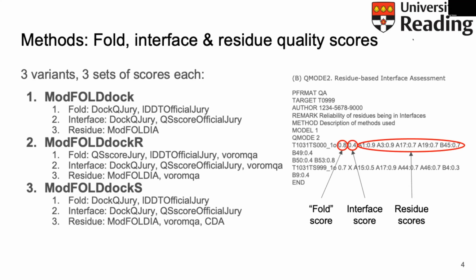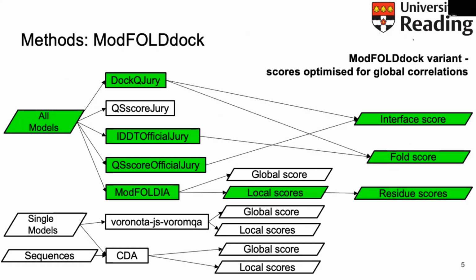These are listed on the left for each variant, but it's actually easier to visualize these things as flowcharts. It's more informative to show the inputs, the methods, and the outputs, and how they're all connected. So that's what I'm showing on the next slide. This is a flowchart showing the data and processes for the ModFOLDdock method. To break it down into sections, on the left we've got the inputs, the methods in the middle, and the outputs on the right-hand side.